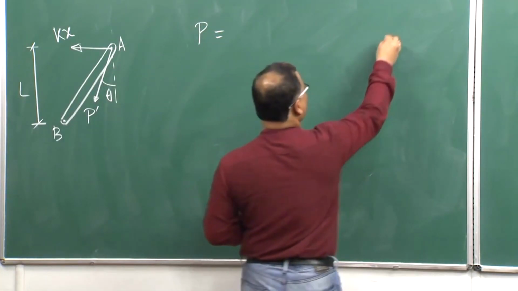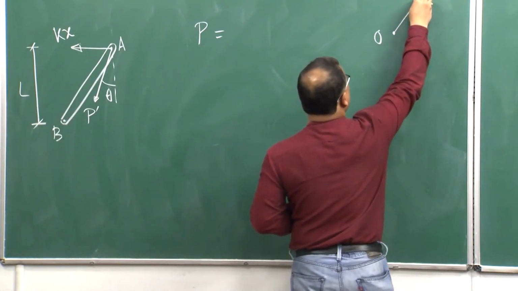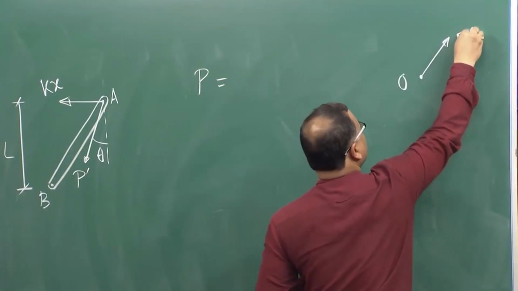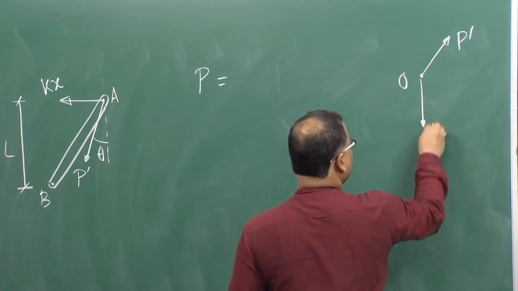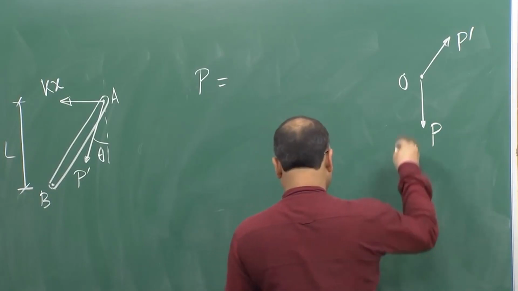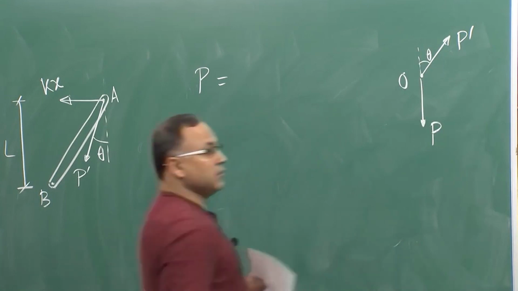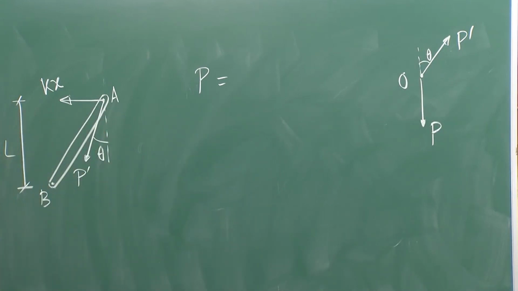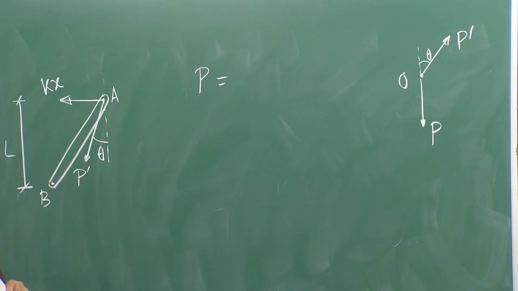Now at O, what is happening? This is the P prime and this is your P. This angle is, say, theta. So, this is our objective function, to find out the P critical.